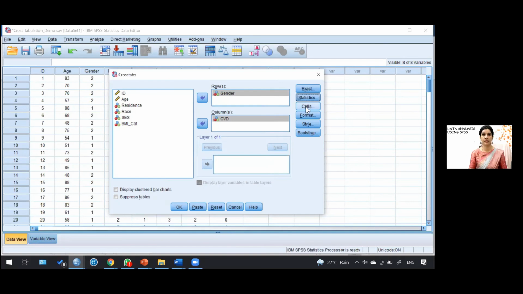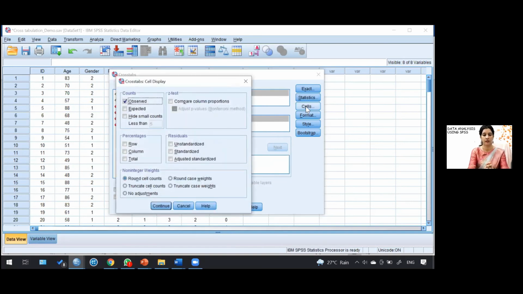Then go to Cells. In chi-square, generally what is the null hypothesis? The null hypothesis we have formed is that there is no association between the two variables. In chi-square, it gives you two sorts of frequency: an observed count and an expected count. The observed count is what you will see here in the 2x2 table. The expected count SPSS calculates in the background, taking the null hypothesis.